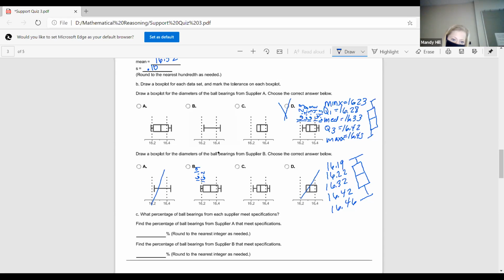This could be 16.22, 16.32, 16.42, and then the last number 16.46, and I've got an extra 1 there. C doesn't make sense because the first number is 16.19 and it's bigger than 16.2. So that's not going to work, right? So the right answer is B.